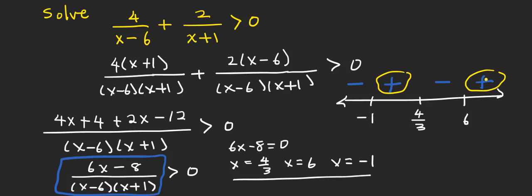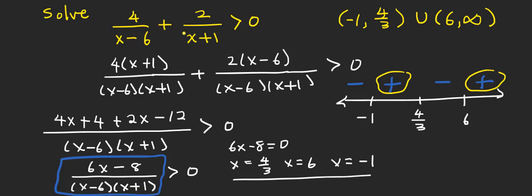So what is the solution? The solution should be negative 1, not including negative 1, to 4 over 3, not including 4 over 3, or any numbers greater than 6. So 6 to infinity.